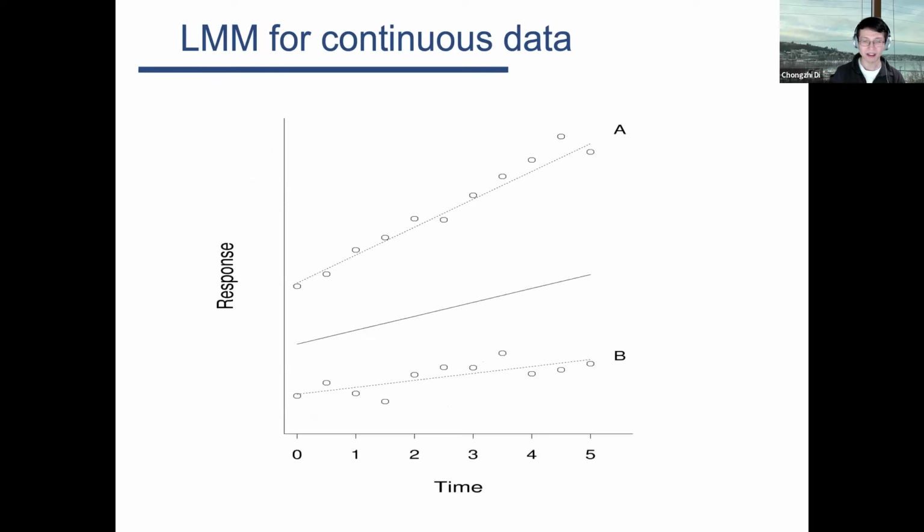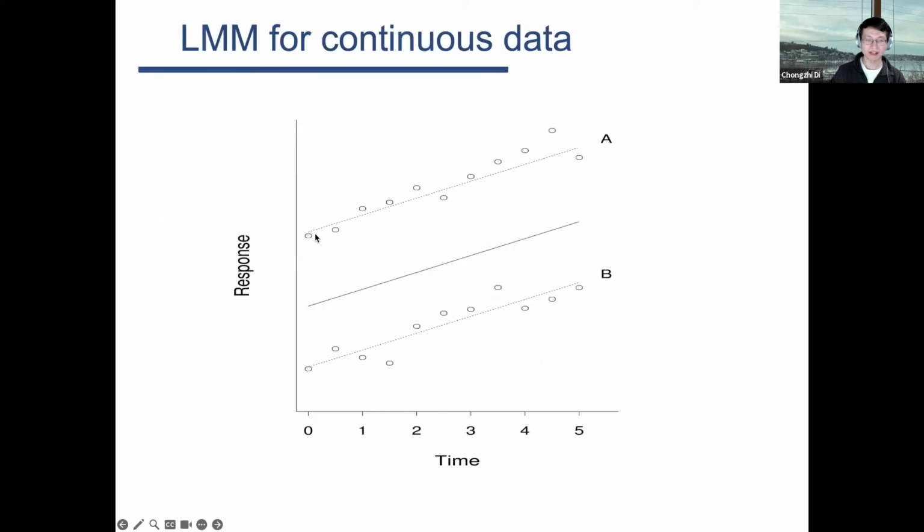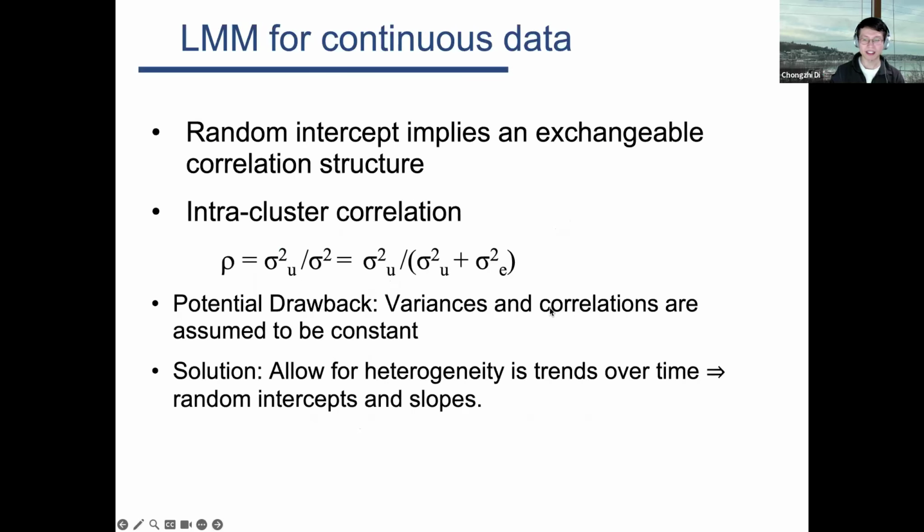If you see the distance between A and B at the beginning and at the end, they are roughly the same. And we also just saw that the correlations are exchangeable, right?